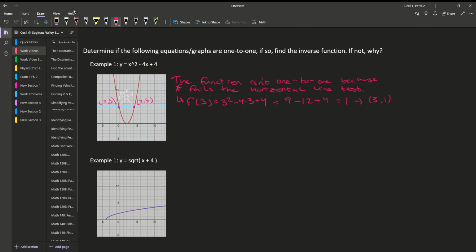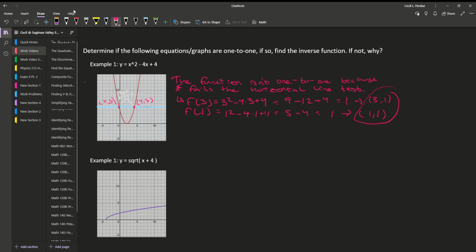We could also plug in other values and see if we get the same thing. So f of 1 would be equal to 1 squared minus 4 times 1 plus 4, or it would be equal to 5 minus 4, or 1. So our second point would be (1, 1). So that again shows us that we get the same value, which also tells us that it's not one-to-one.